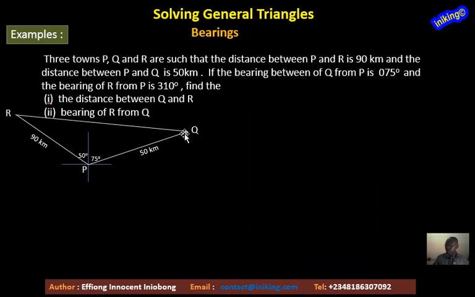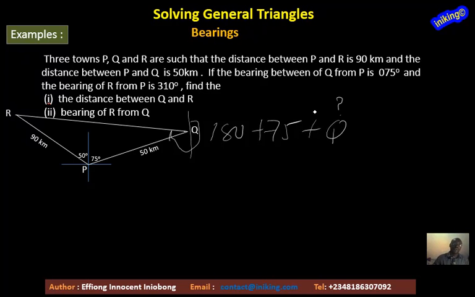Let's do that neatly. I've just said this is 180 plus 75 plus Q to give us the bearing running from Q to R. Therefore, our objective is to go and find angle Q.